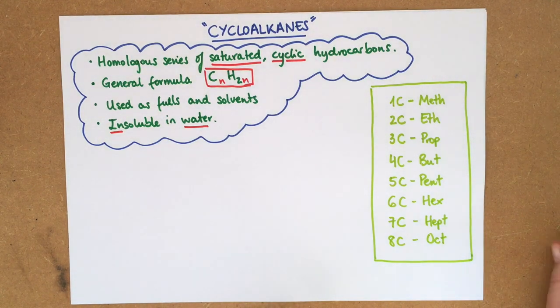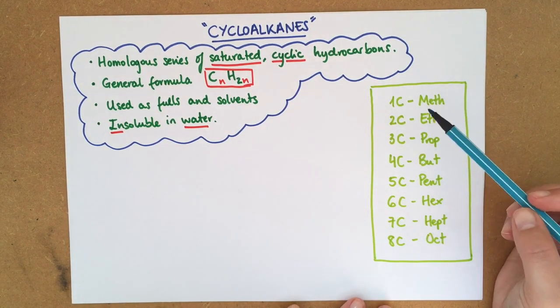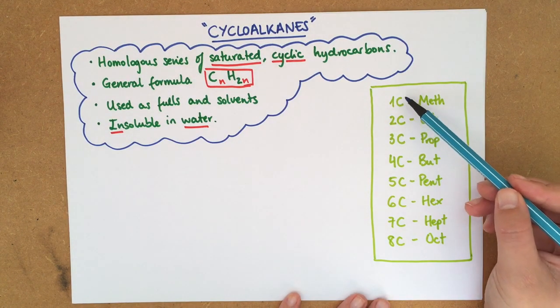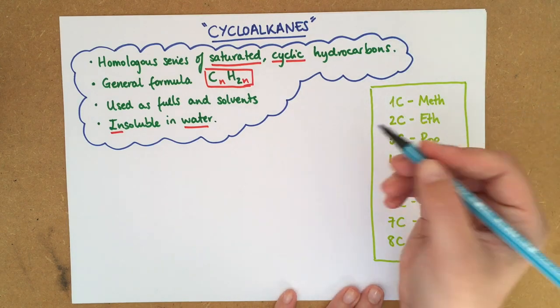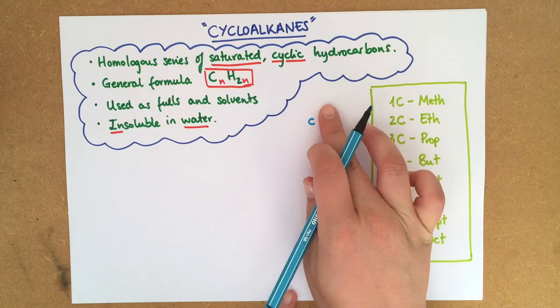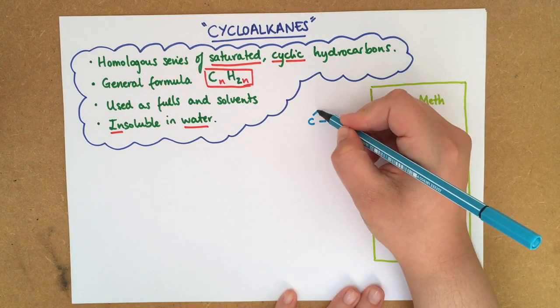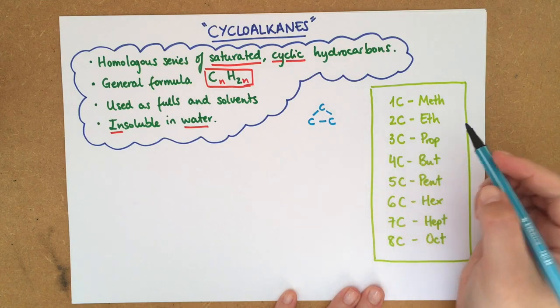However, we may notice that it is impossible to make cycloalkanes that have only 1 carbon or 2 carbons, because that would be a line or just an atom. So the smallest cycloalkane that we can have has 3 carbons.